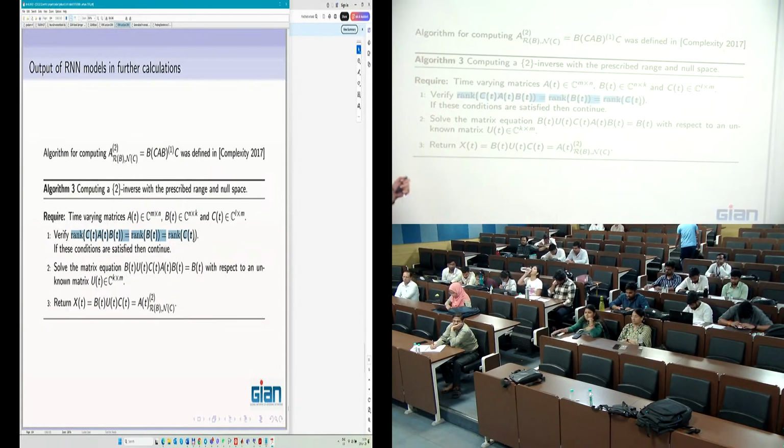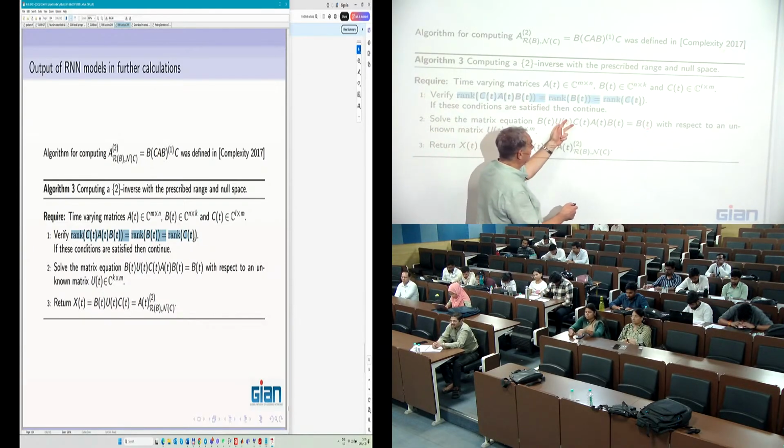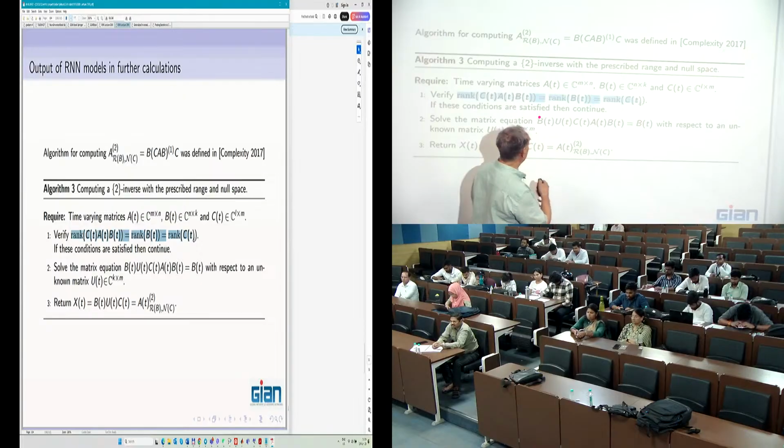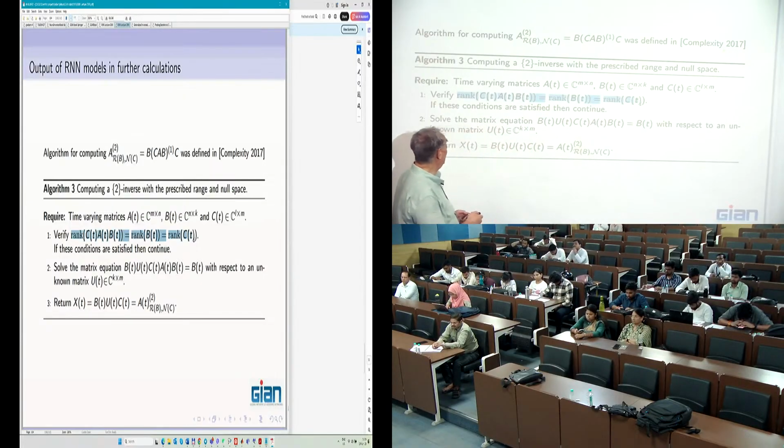This algorithm is not a... it is enough to solve the first of the two considered equations in the theorem, and return the result in the form BUC.